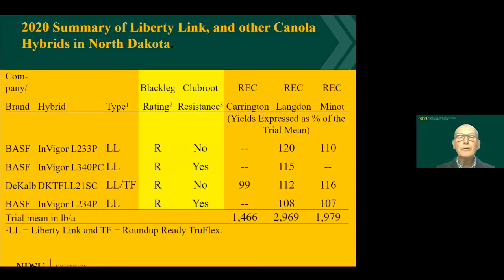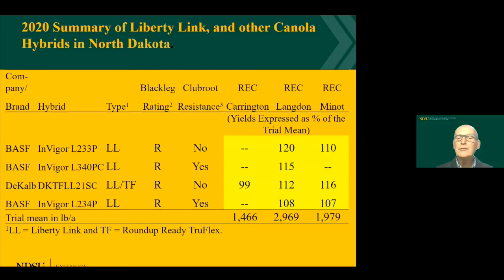Blackleg is an important disease, and some varieties have resistance. Clubroot is becoming more of an issue in North Dakota, and some of the hybrids have resistance, some don't. If you do not have a clubroot issue, you might be able to get by with a variety that doesn't have the resistance.